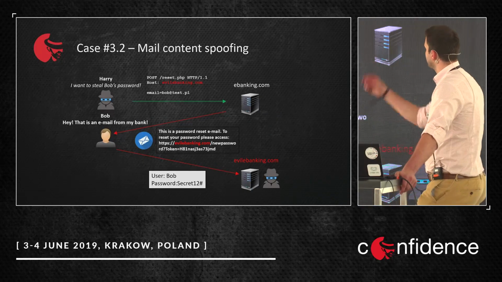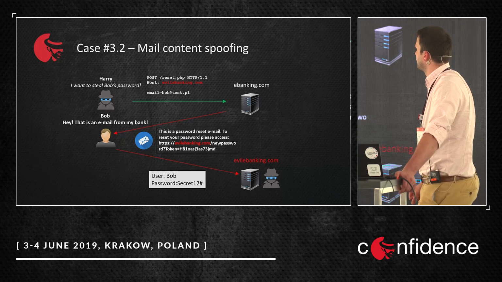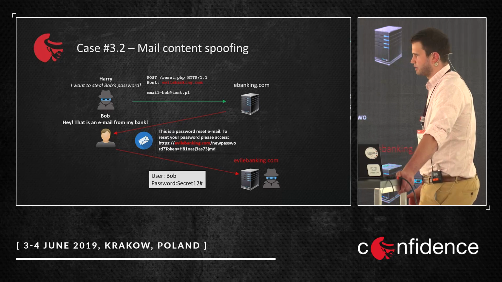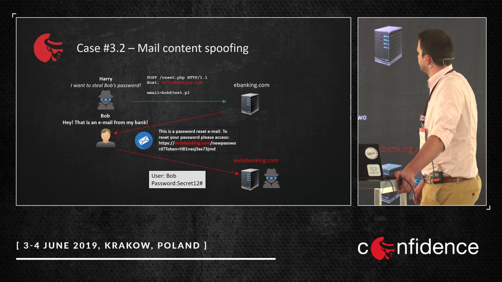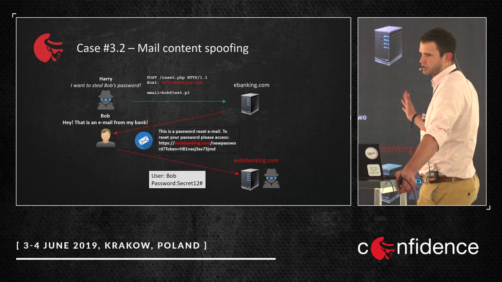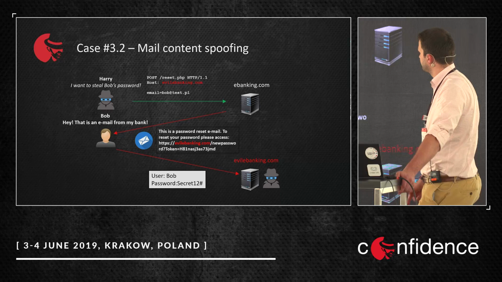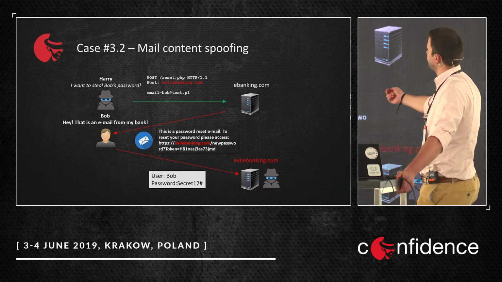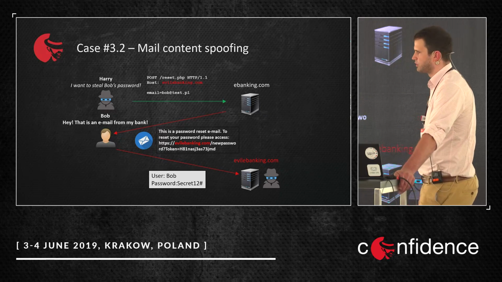More on that, mail content spoofing. That is quite a well-known attack. It relies on the usage of the host header. Since some of the email content is created based on the value of the host header, just by replacing the host header, you are able to impact the content of the email messages that are coming to the end users.